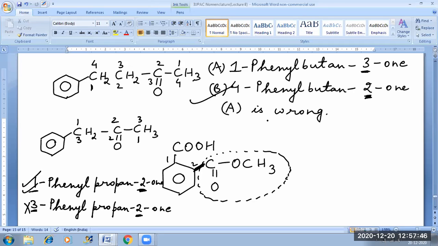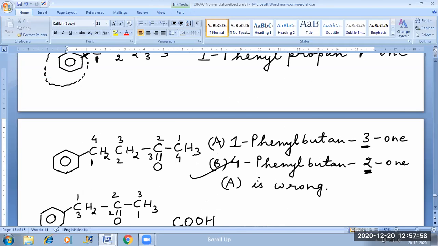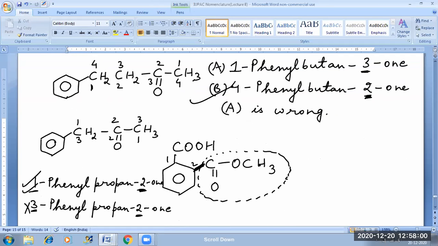Any doubt? Any doubt anybody has in this part?